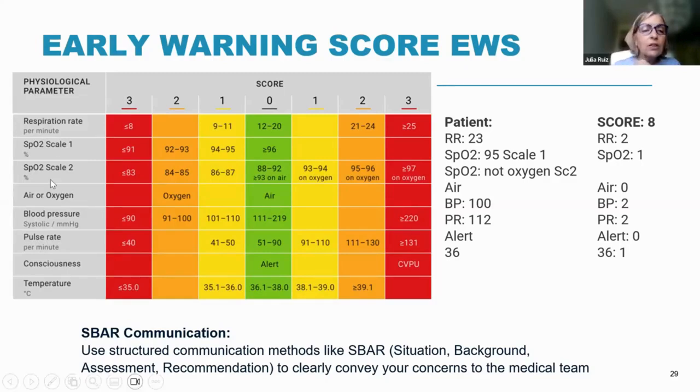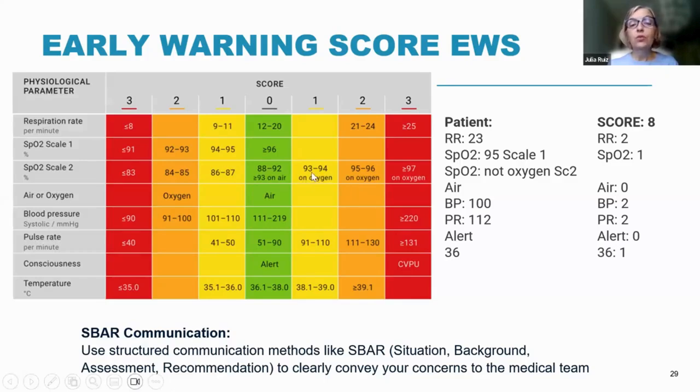From the oxygen saturation, we didn't analyze this one, because you don't have below 87. If you see below 83, 84 to 85, this is the third line, 86 to 87, and then you have 88 to 92, but this is on air. If you have more than 93 on air, this would be 0, because the others are on oxygen.